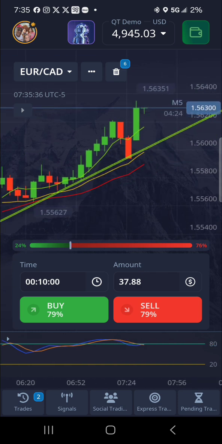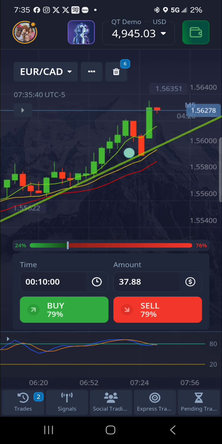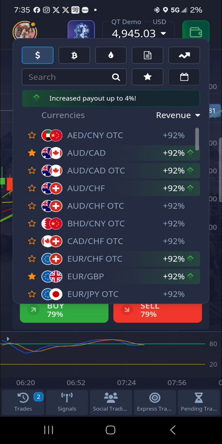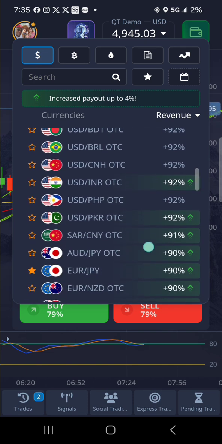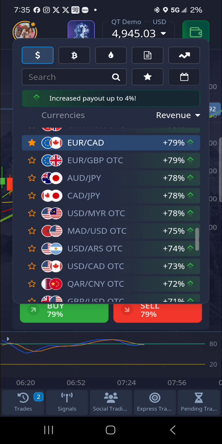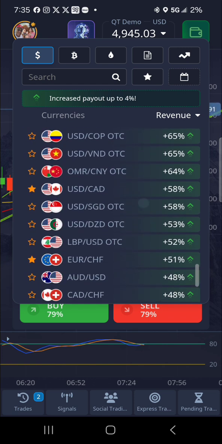I think we just missed that one though. That 5 minute candle right here. I think we just missed that one. Yeah, I did. That's fine. There should be other opportunities. There's plenty of opportunities. That's the thing, you don't always see opportunities.